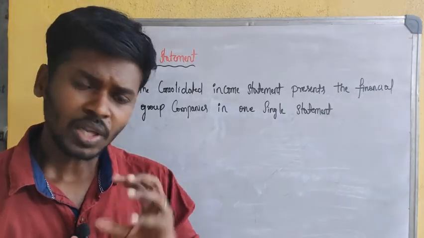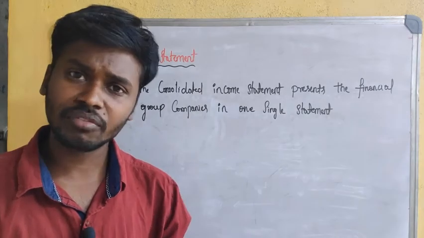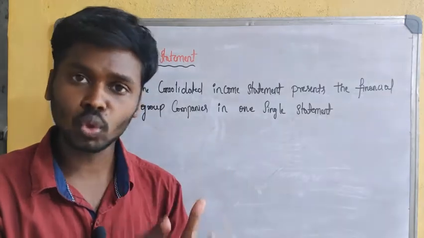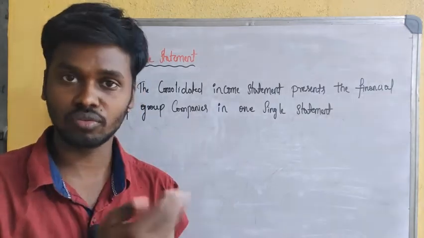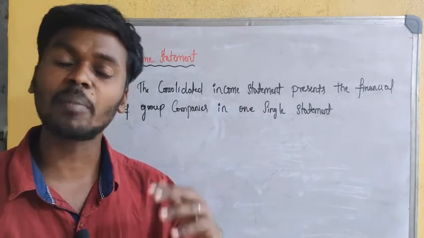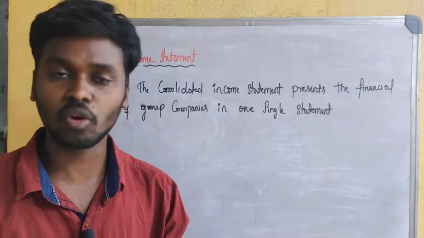The business organization prepares different types of financial statements: the cash flow statement, to know the cash inflows and cash outflows, and the income statement, to know the operating expenses and non-operating expenses, gross profit, and net profit and loss.